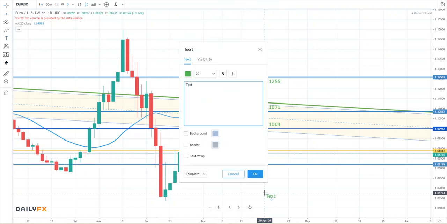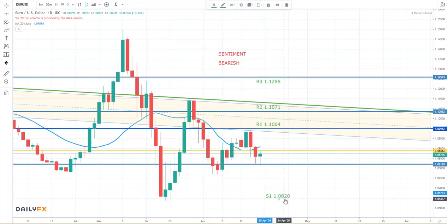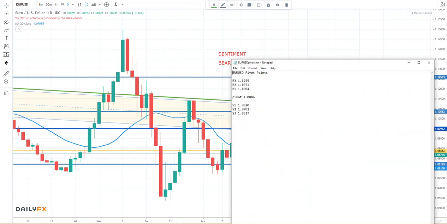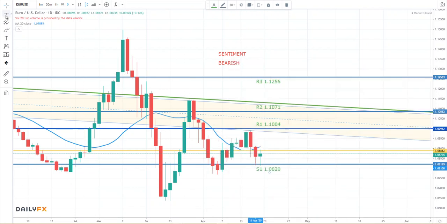Okay, S1 is 108.20. So there's our next level, the most recent low is S1. We could see price float sideways for a bit and test this trend line, but then we need to see a sell-off break through 108.20, and if we do, S2 is 107.02.